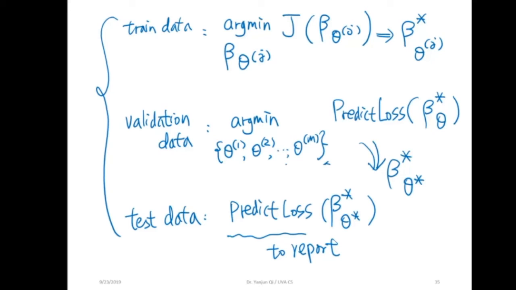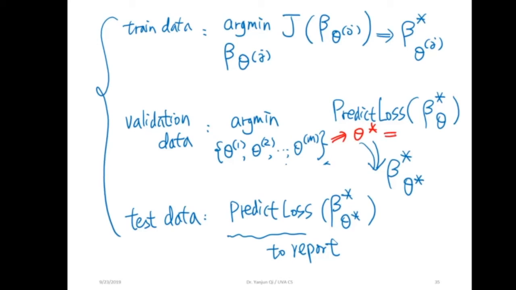I know that the notation is a little bit confusing, but beta is the fitted beta star, either from the normal equation or from gradient descent, fitted best on your current training data, conditioned on the theta j selected features. Then you apply that beta j on the validation data, you get the prediction loss, and you do argmin over all of them. You get the best theta j, which gives you theta star.